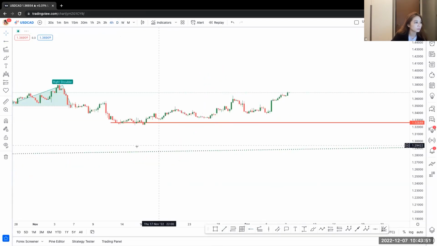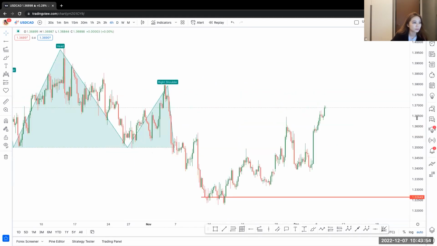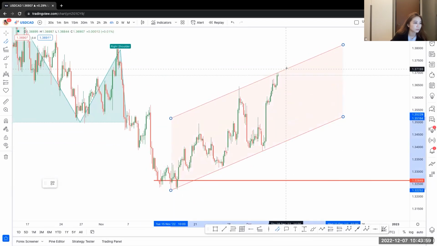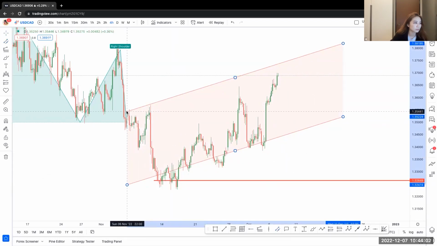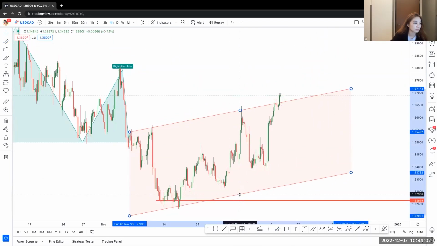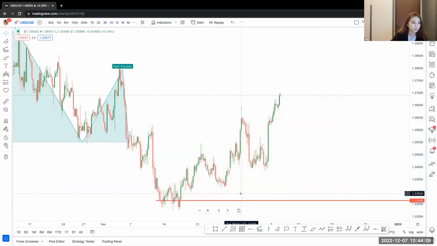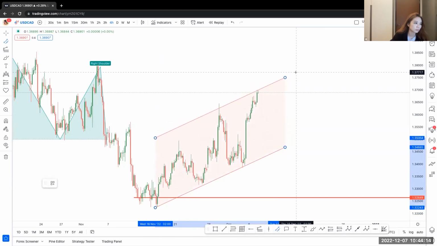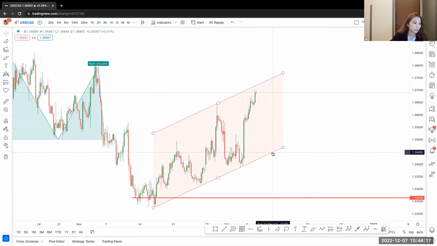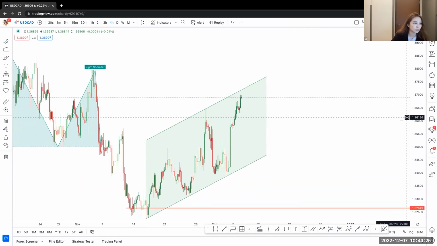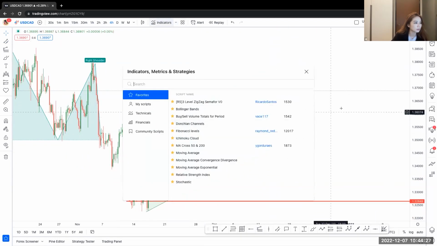Let's look at H4. There's an upward moving channel. There's a chance that it would drop down with the exhaustion of the stochastics as well.